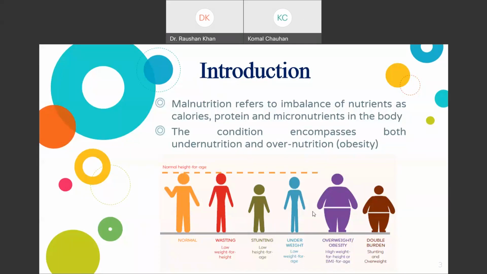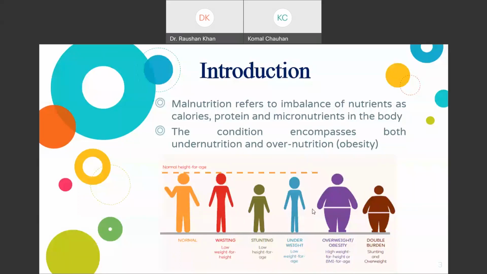If it exceeds the limits of calories and proteins, it will show in the form of overnutrition, which is also called obesity. A normal person has normal height as per age and normal weight as per age, and we have wasting and stunting accompanying the conditions.